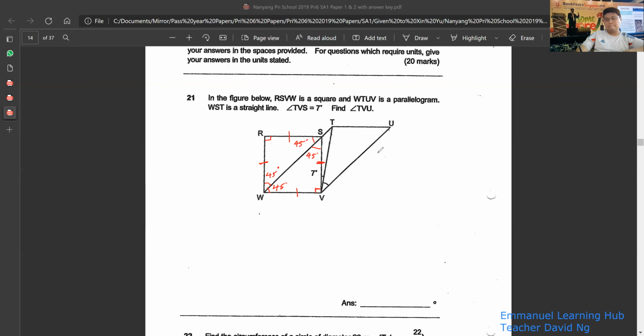Can you tell me? TU and WV are parallel to each other. Okay, if they are parallel, you indicate the parallel sign. What other information can you gather, other than it's parallel?